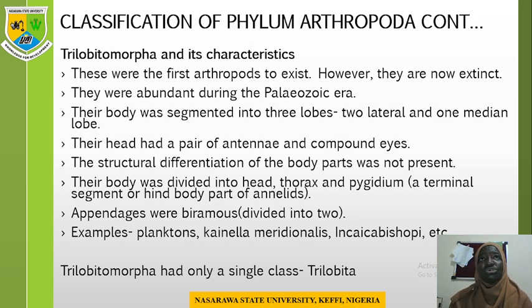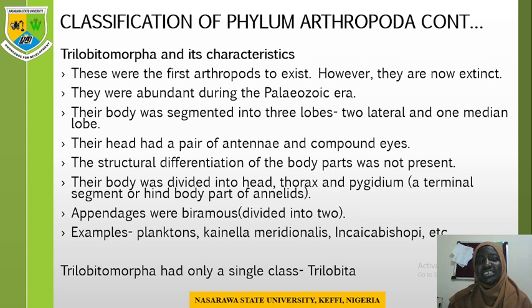The mode of their growth or development is through what we refer to as molting. Molting is a process whereby the body of this arthropod develops by shedding off its old skeleton, or the old outer covering, which is made up of the skeletal part, made up of chitin.